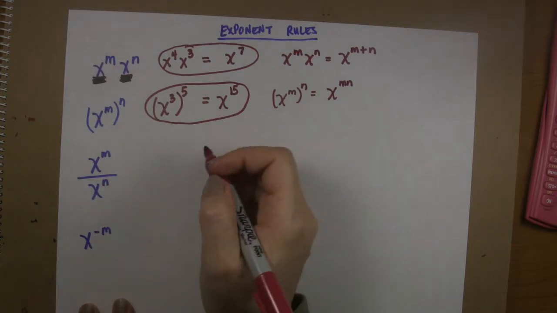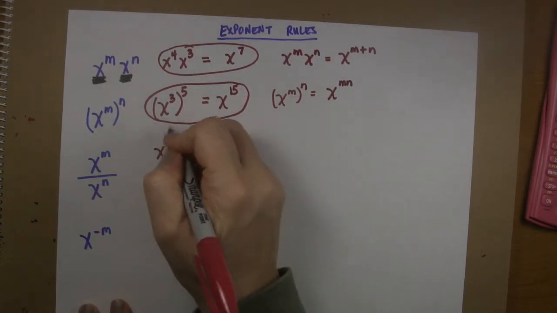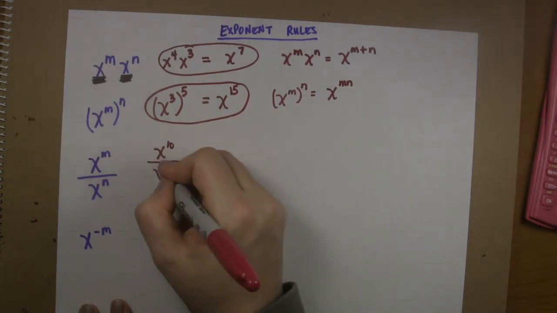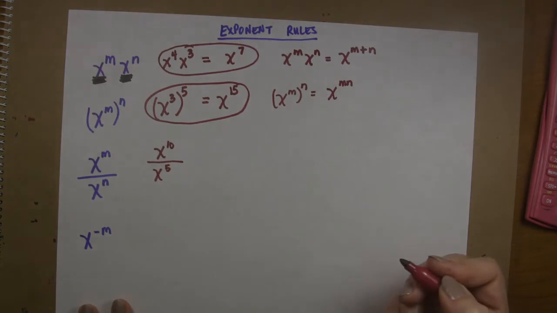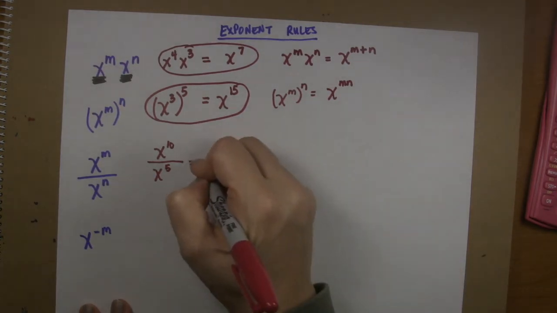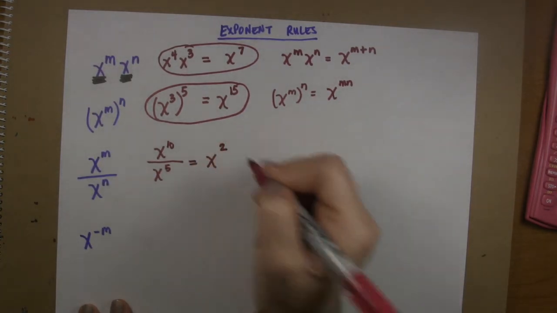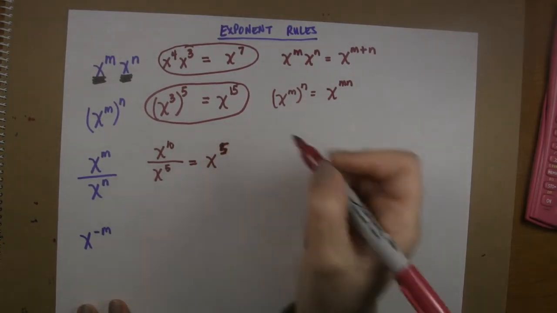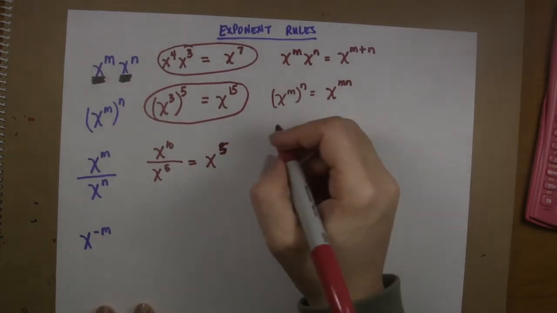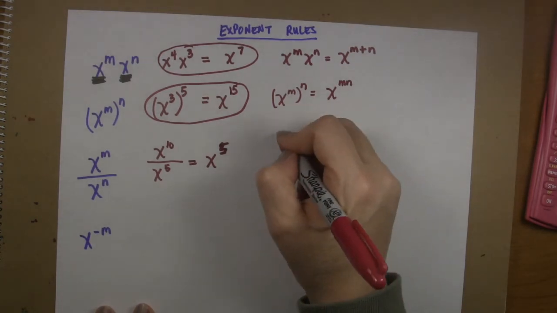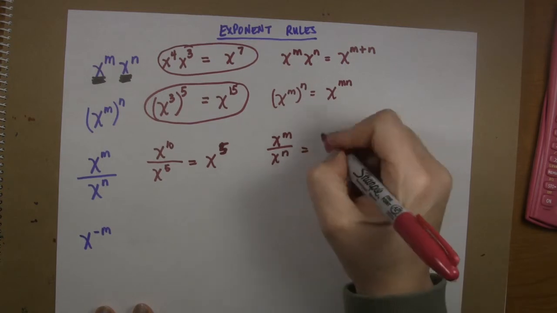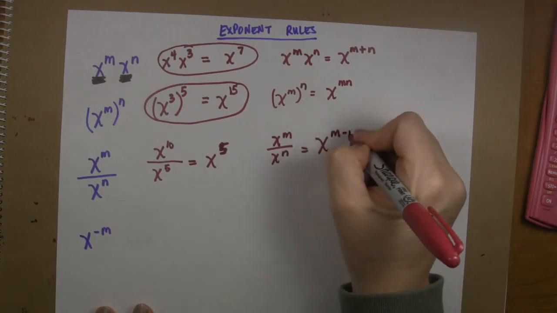All right, let's say we have x to the 10th divided by x to the 5th. What does that equal? Well, that equals x to the 5. Almost messed that one up. And the reason for that is that x to the m over x to the n equals x to the m minus n.